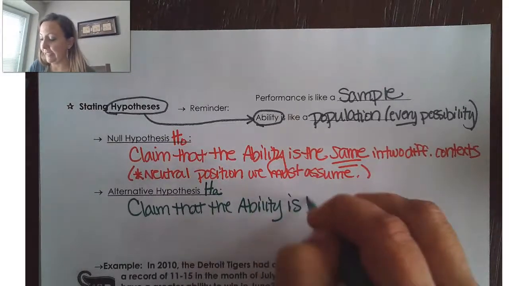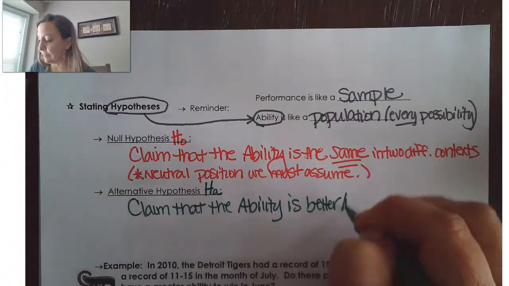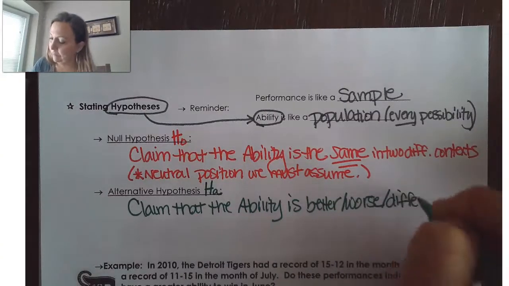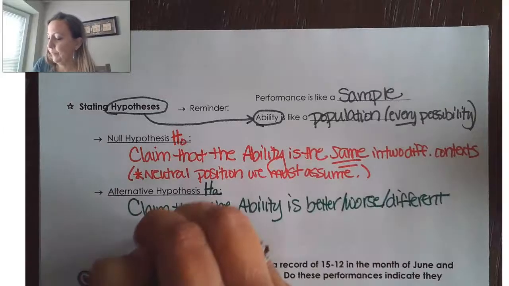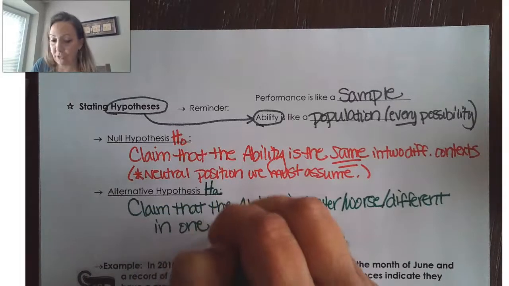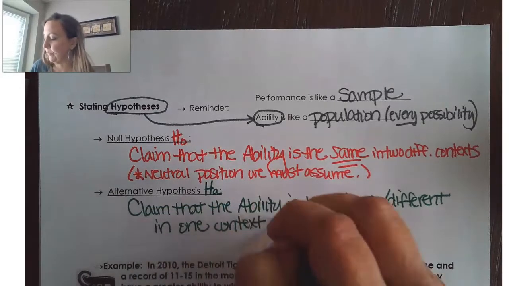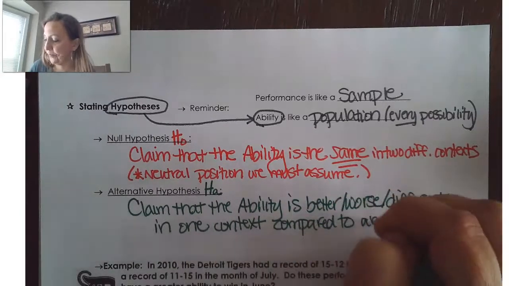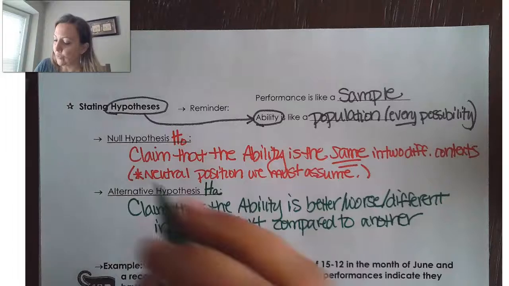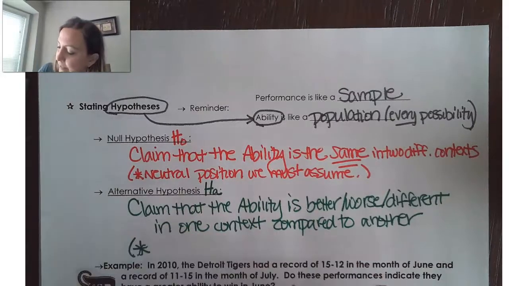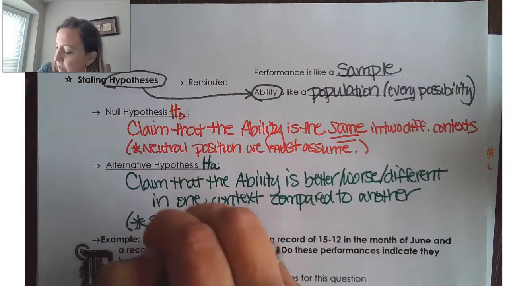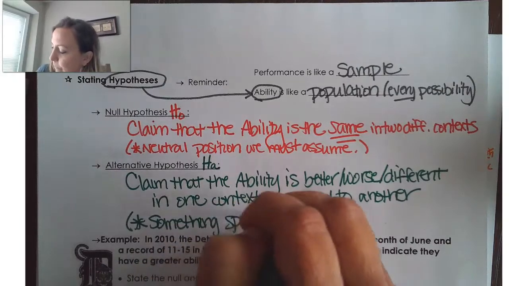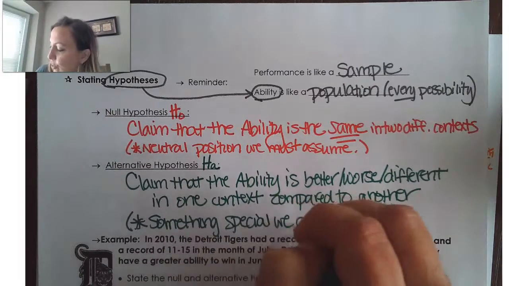So that the ability is better or worse, sometimes we'll say, or different in one context in comparison to another. So the alternate hypothesis is something special that we are trying to show.